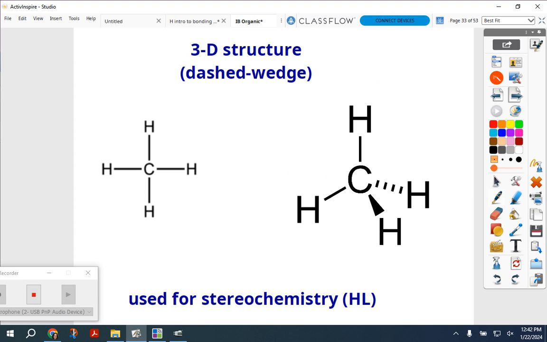We know that this methane molecule is not a flat cross. It is a tetrahedron. But how do we show that on the page? We use this dashed wedge structure where the wedge is coming out of the screen and the dash is going into the screen or the paper, and the other 2 are in the plane of the page.